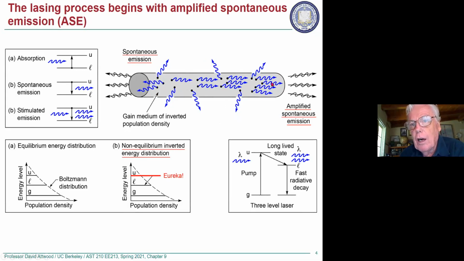And once it starts, if there are no mirrors here, the radiation just goes out, okay? And it goes out the other side. So in an EUV laser, there in general are no mirrors, okay? And that's for two reasons. The main reason is you'd have to have a good reflectivity to really be helpful. Multi-layer coatings have been used.